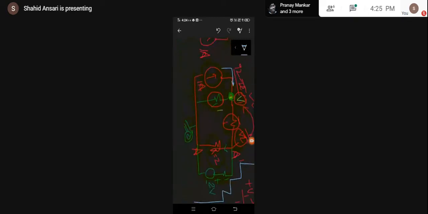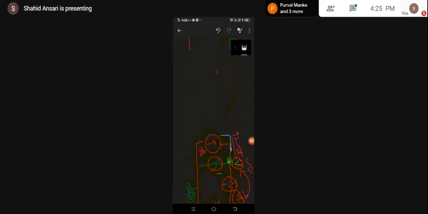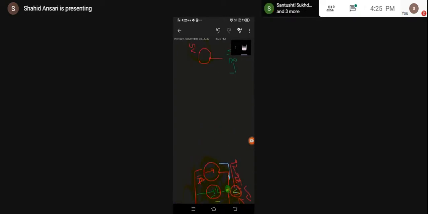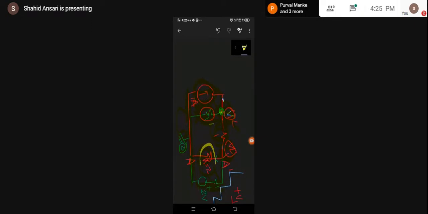Now, the equation of node 2. Apply KCL at node 2. At node 2, the number of passive elements is 1, 2, and 3, so 3 elements are connected.